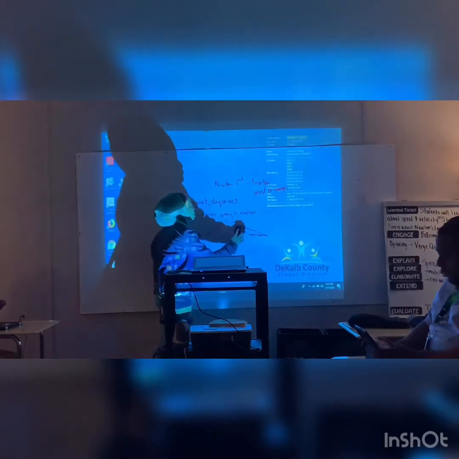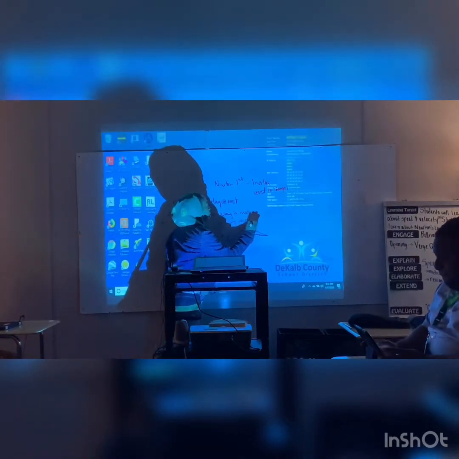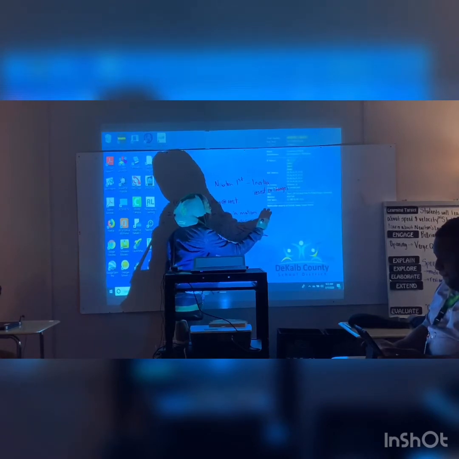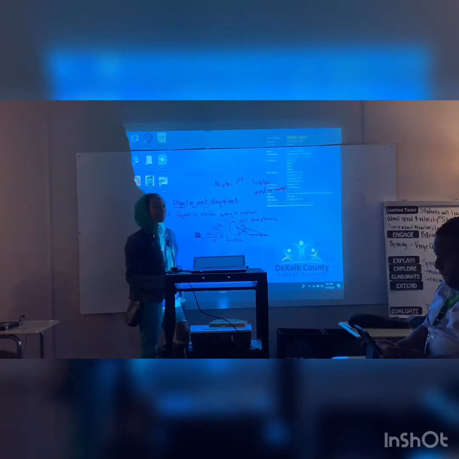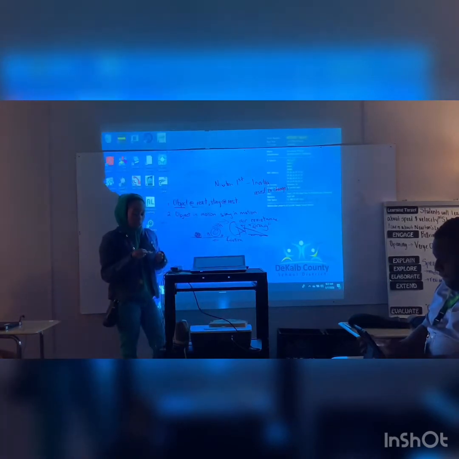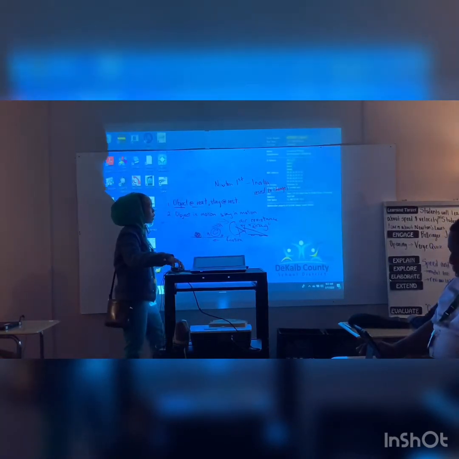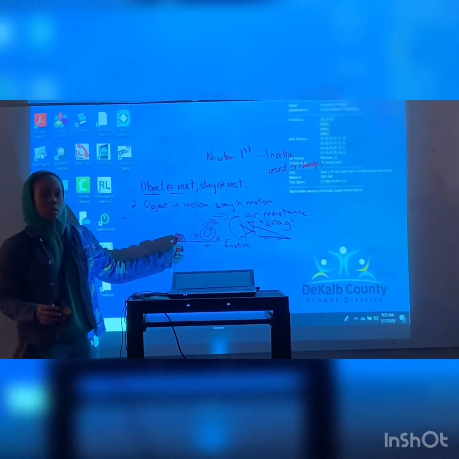All right. So this parachute creates air resistance. Does anybody know the other word for air resistance? It's the name of the race. Drag? Yes. Drag is the word for air resistance. All right. All this to say, Newton's first law: an object at rest stays at rest.